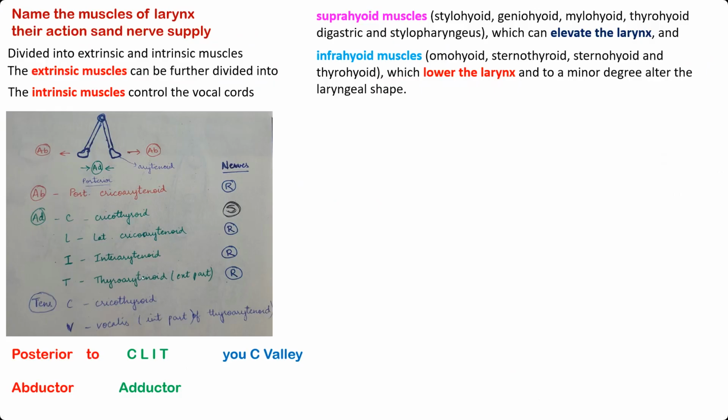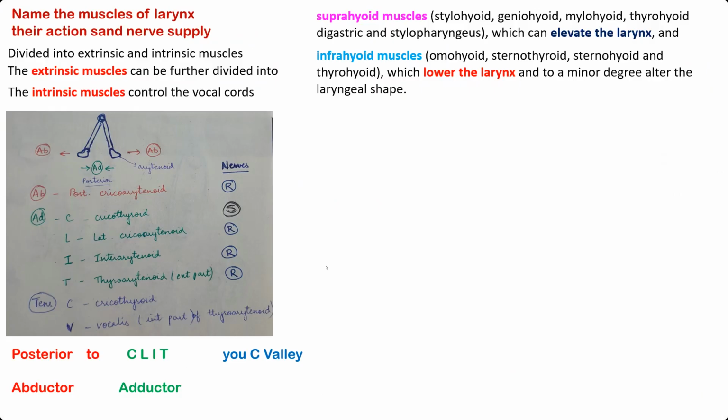So the muscles are getting attached to both the arytenoid as well as the cricoid cartilage, arytenoid and thyroid cartilage, and in between because it's a paired cartilage, there is attachment between the two itself. And the tensor or vocalis muscle is a muscle which is a part of the thyroarytenoid also. So you have tensors acting, which are also part of the adductors only.